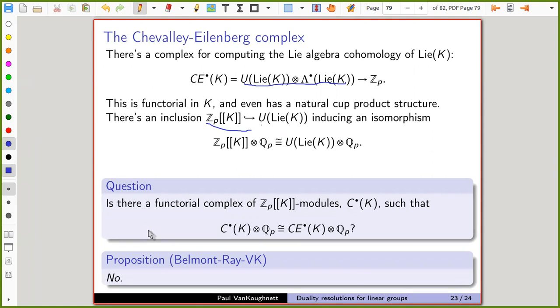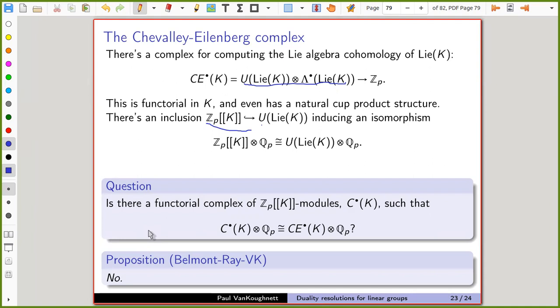Smaller. So what types of object? Sorry, what do you mean by take them as coefficients? Well, you can take any module over the universal enveloping algebra or over the Lie algebra itself as coefficients in this Chevalley-Eilenberg complex. Right.